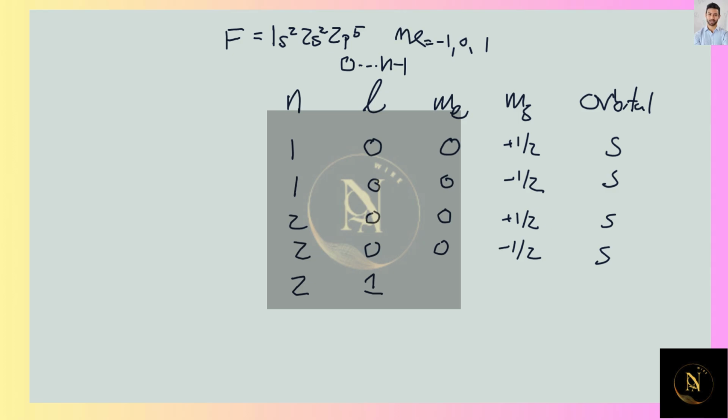What we've got to take care of first is m sub l equaling negative 1. We could start on any of them, it's arbitrary, but we're going to do negative 1 first. Again, there can be 2 electrons with this particular signature: the positive 1/2, or the negative 1/2. This is now p.